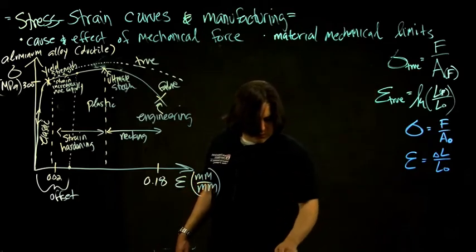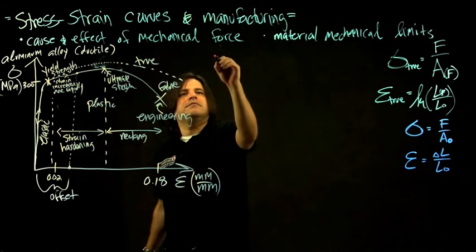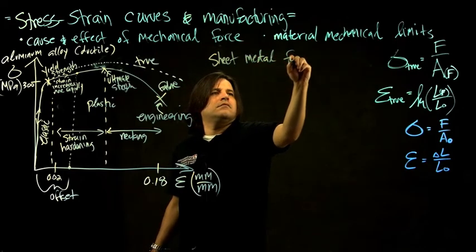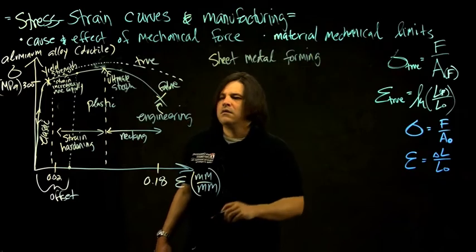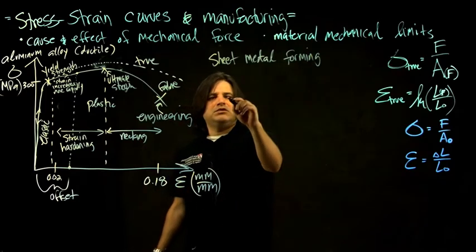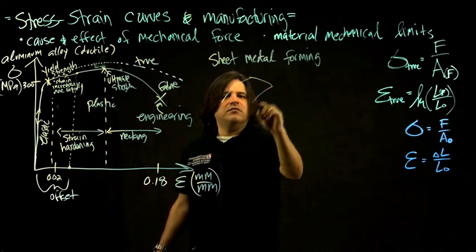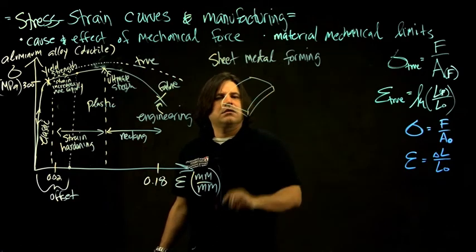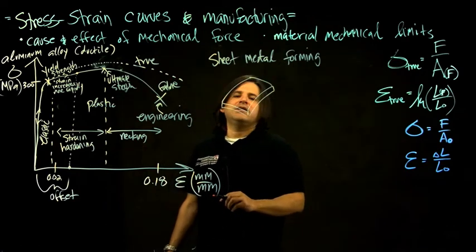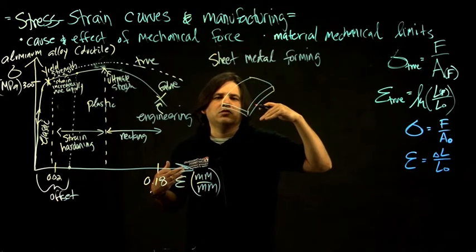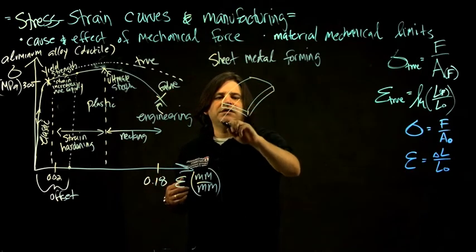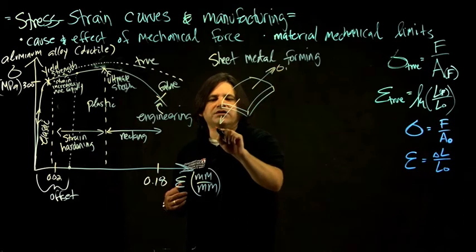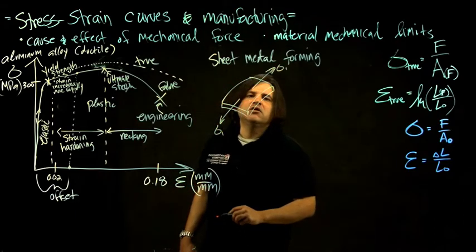Okay, so for sheet metal forming, let's say this is the sheet metal that we're forming. Some three-dimensional sheet. Let's say we're going to pull it from this direction here, this one dimension. So let's say we apply a tension, some normal stress in this direction.